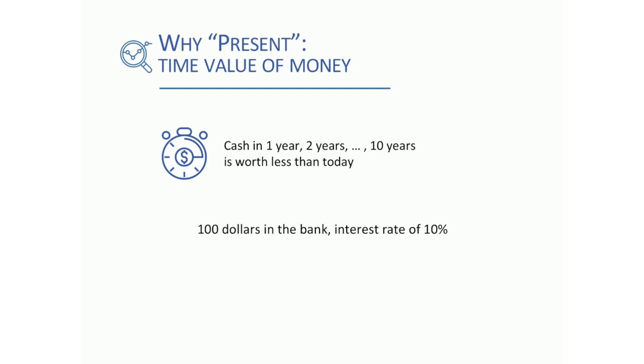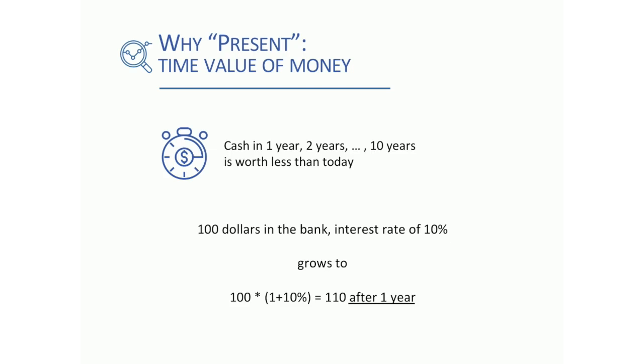What I mean is you will earn 10% in that bank account if you leave $100 for a year. So $100 in the bank at an interest rate of 10% will grow to 100 times 1 plus 10%, or $110 after the year.